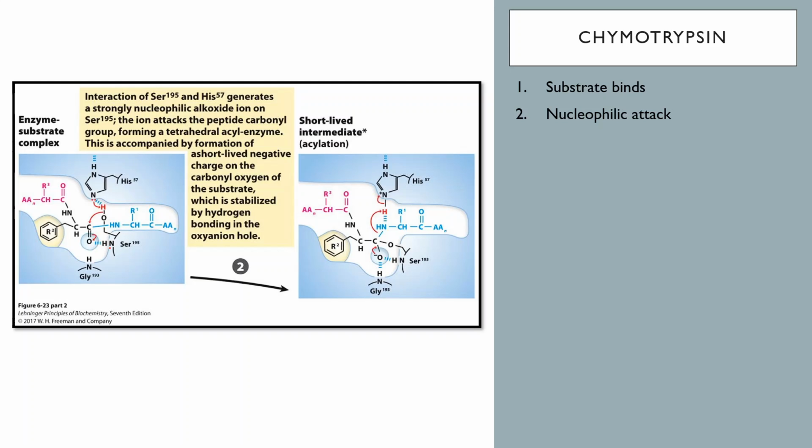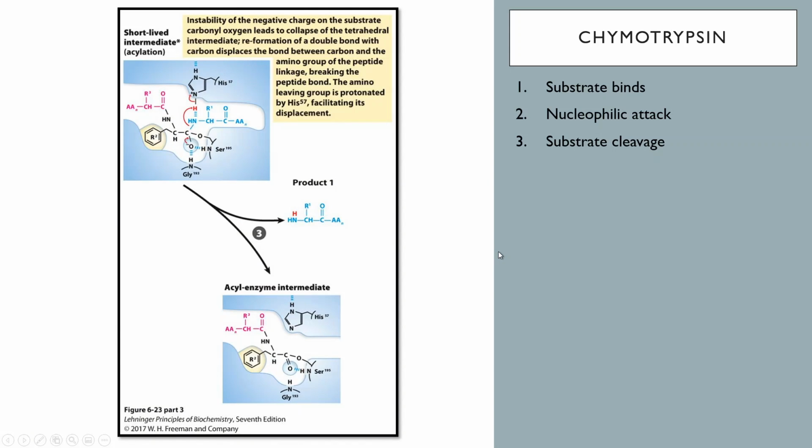But because it's surrounded by this serine residue and then a nearby glycine residue, it stabilizes that negative charge. And so you have this temporary acylated group forming, but then that leads to the actual cleavage of the bond. So the peptide bond itself that we're breaking is right here. And now that everything's stabilized, those electrons actually can then attack this extra hydrogen that got picked up by this histidine and take it with it.